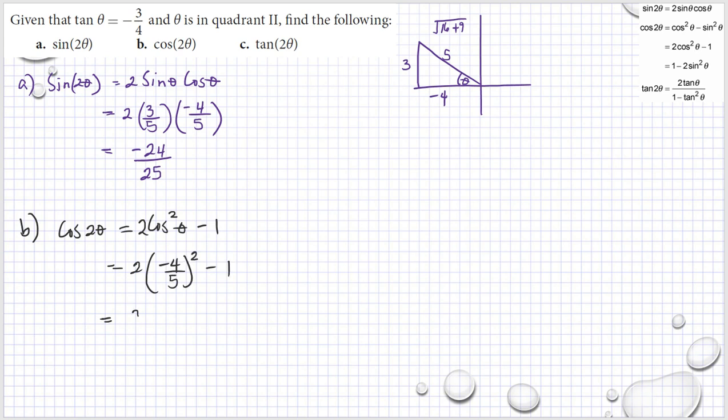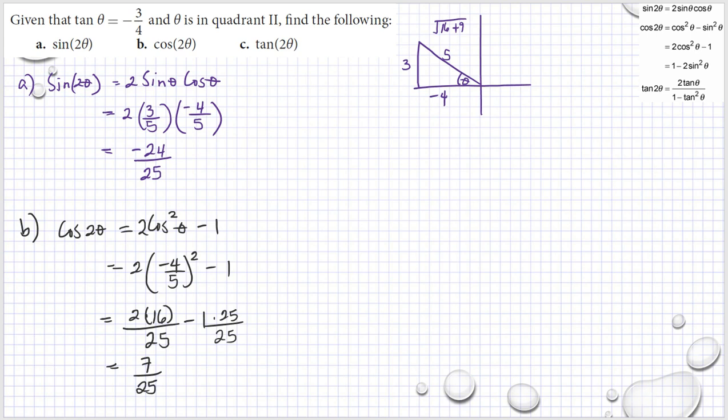Then we have 2 times 16 divided by 25 minus 1. If we expand the 1 by 25, then we have 32 minus 25, that is 7 over 25.